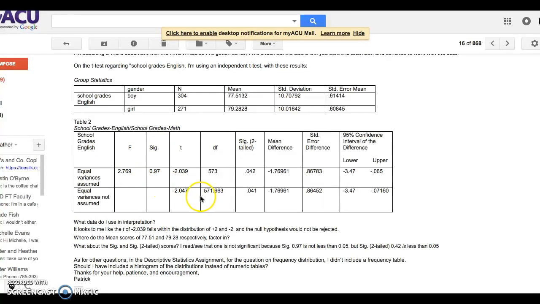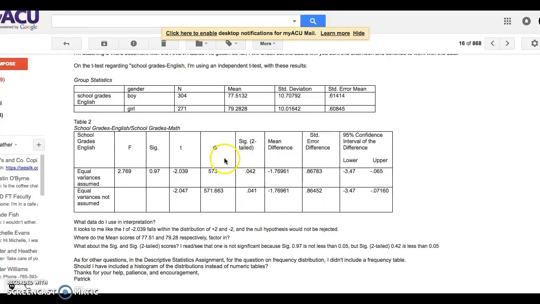Okay, so for your t-test, this is the area you're going to look at. This is your t statistic, this is your degrees of freedom, and this is your significance level. So it's this t, df, and significance two-tailed that is all about the t statistic that you ran on these means to see whether or not they're different.